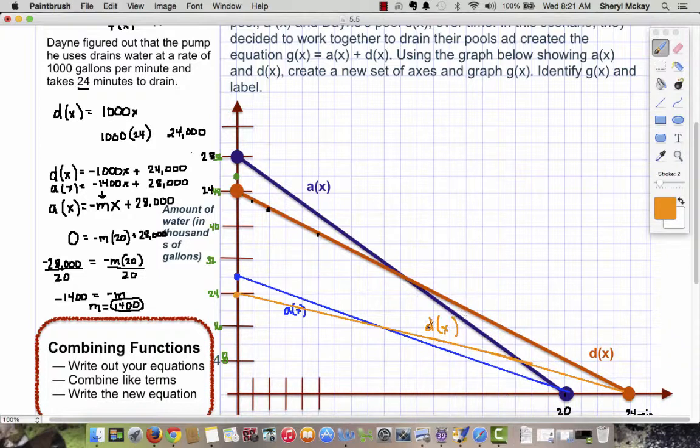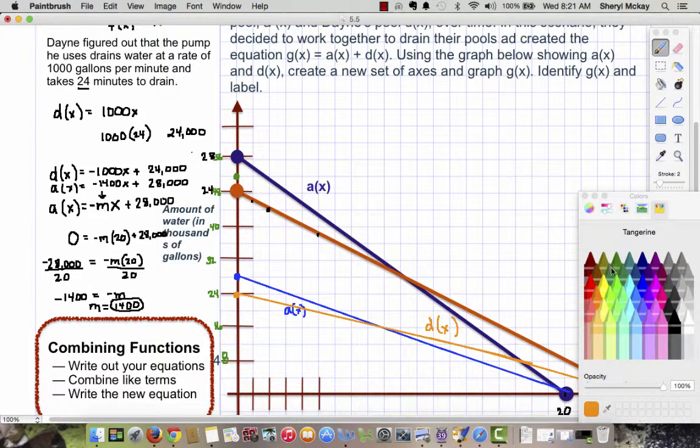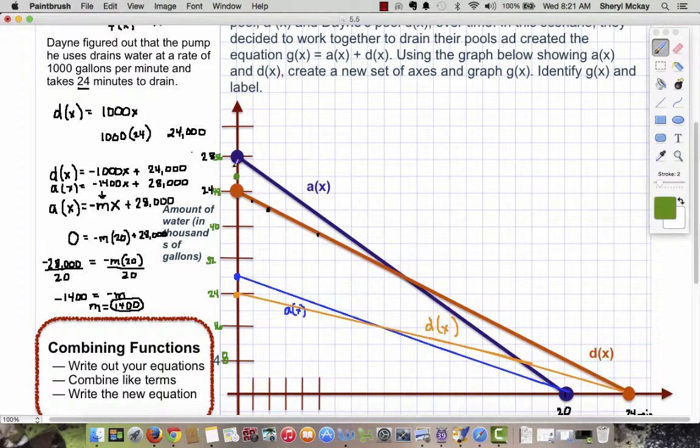So now we're going to make a green one, which is g of x. And we've said that it starts at 52,000 and that our rate of change, instead of 1,000 or 1,400, is actually 2,400 per minute that's draining, because we just combined our two pumps.